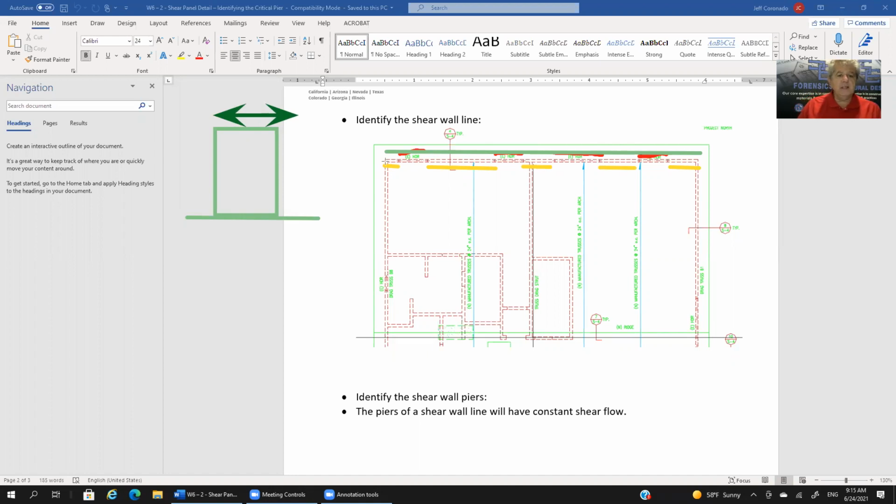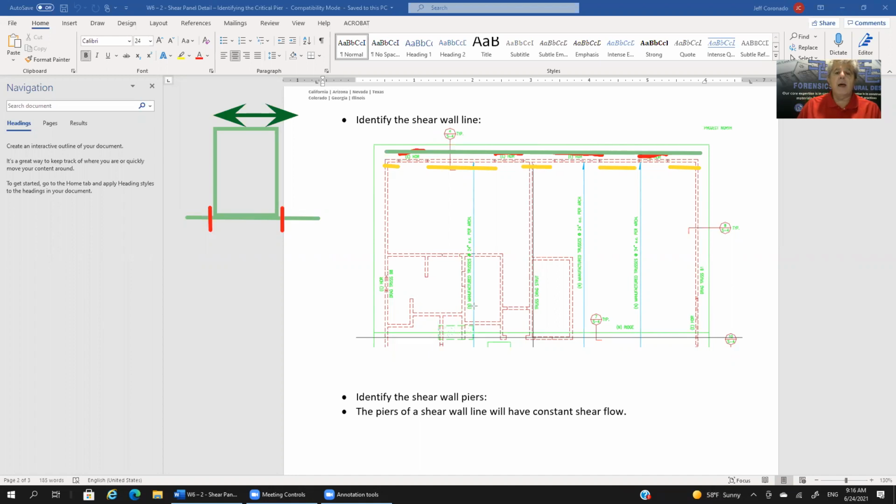If it's resisting a lateral pressure, such as a wind force, then it'll be in one direction or the other. But eventually, it needs to be able to resist that uplift at both corners, here and here. So yes, if we had all the time in the world and all the budget in the world, absolutely, that's what we would do.